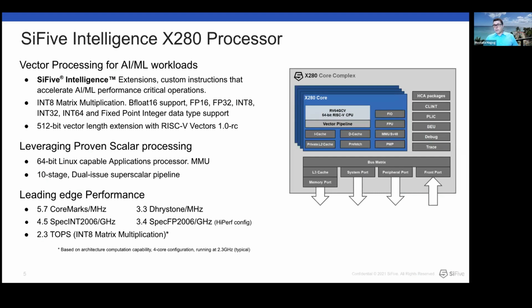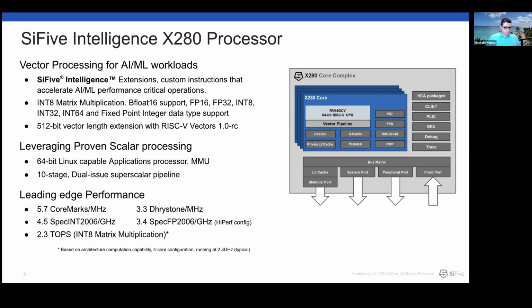One of the other key pieces about the X280 is that it builds on and leverages a proven and efficient scalar processing core, and it fully supports Linux. One of the things about TensorFlow Lite is that you need to run Linux in order to run it natively and out of the box. The scalar processing is also important because if you want to run end-to-end and have a full solution, you need efficient scalar processing.